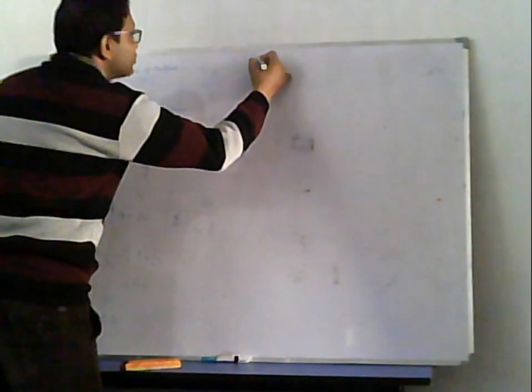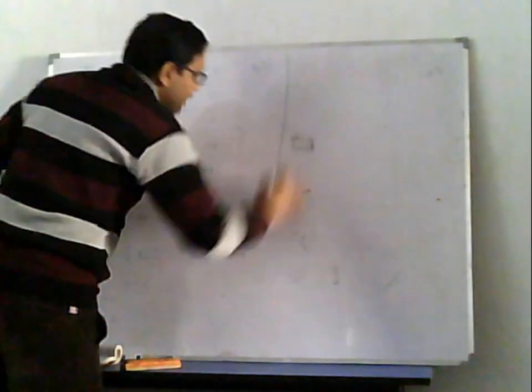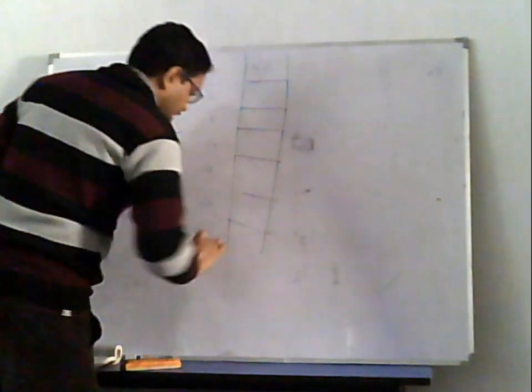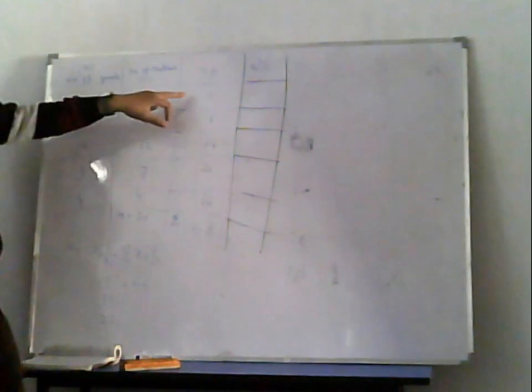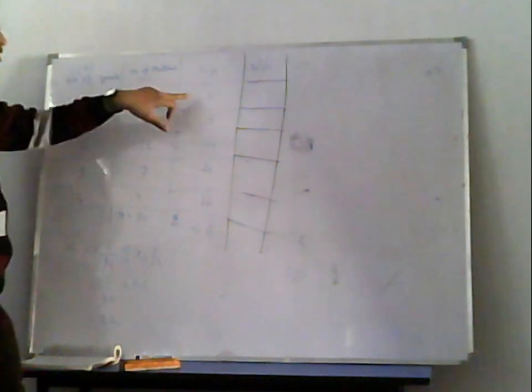Now, the next part. We know that the formula of variance is 1 by n into sum over xi square fi minus x bar whole square. So we have to calculate another column for xi square into fi. No need to do xi square and then multiply with fi again, because we already have xi into fi.